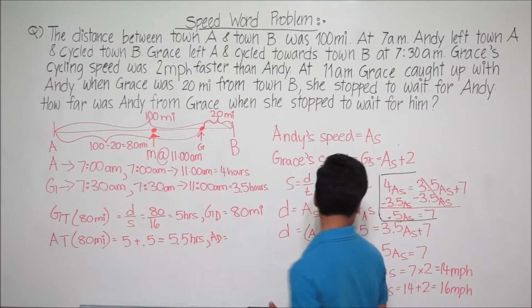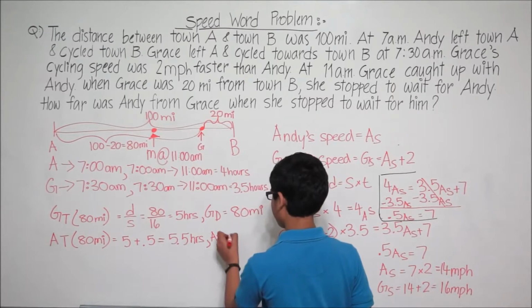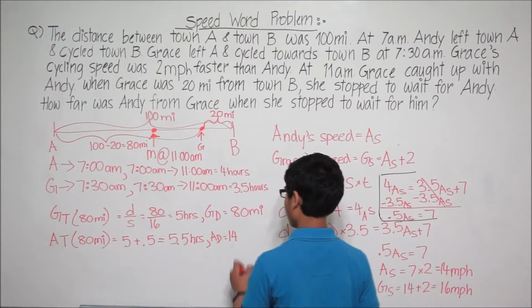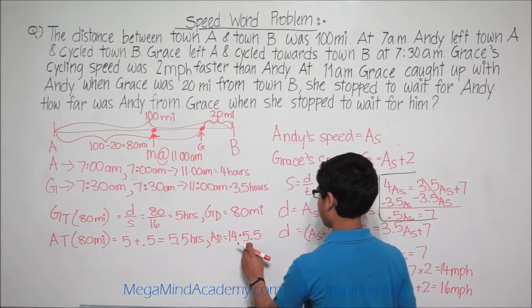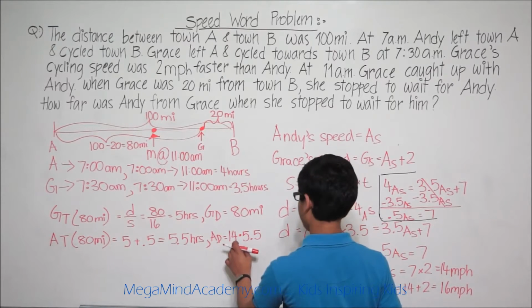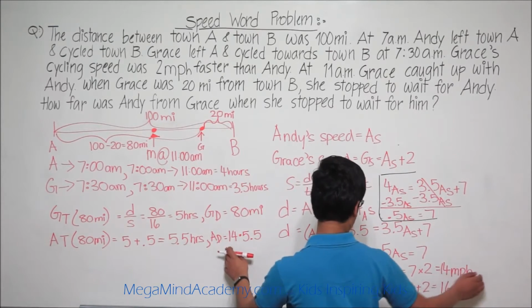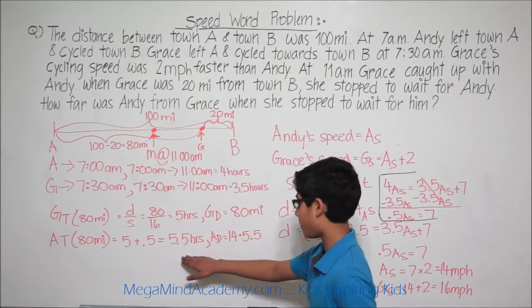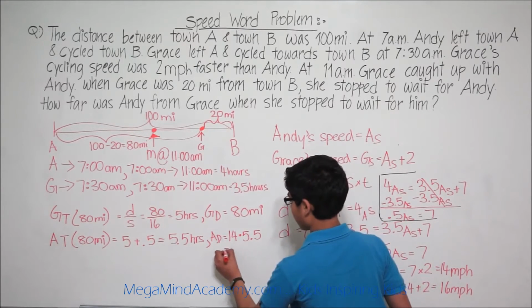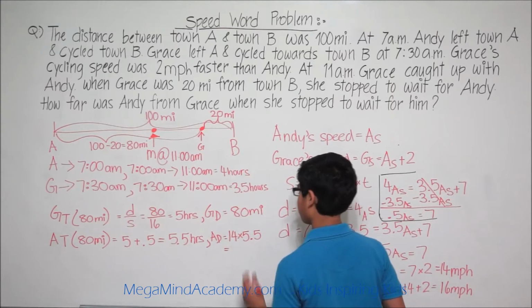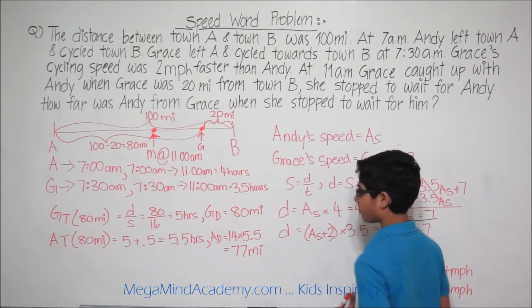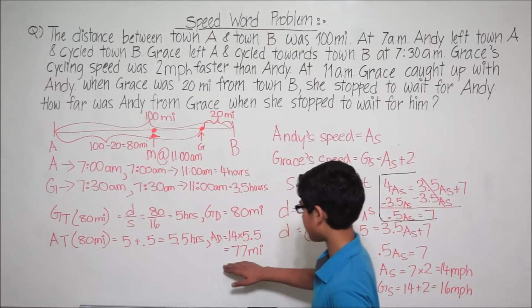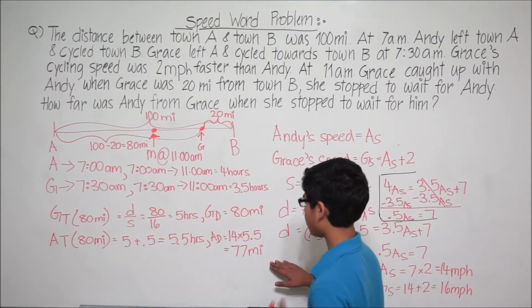And we know that the speed is equal to 14 miles per hour times the time, which is 5.5 hours, is equal to 77 miles. So Andy's distance is equal to 77 miles that he traveled.